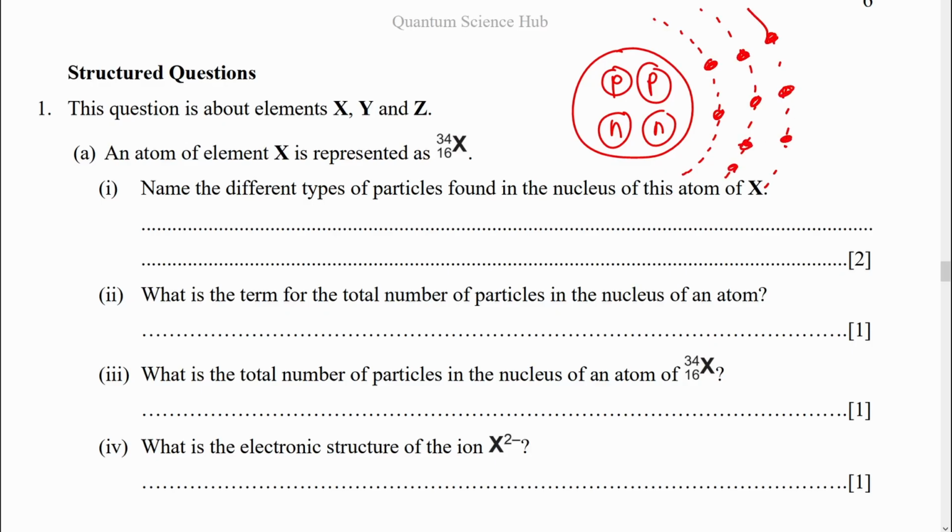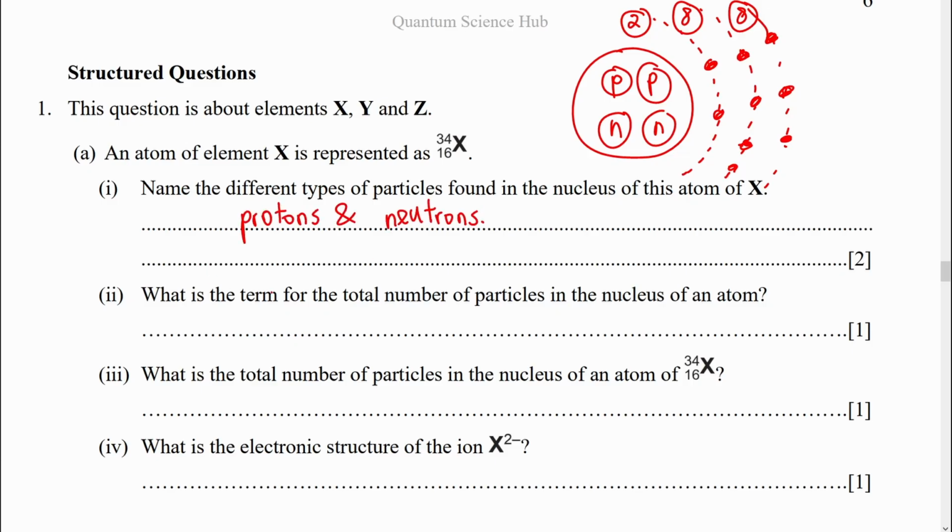Okay, the maximum number of electrons allowed in the first cell is 2, the second and the third cell is 8. Okay, so please remember the rule again. So the question is asking, name the different types of particles found in the nucleus of this atom of X. So what you can find in the nucleus, you can find protons and neutrons.